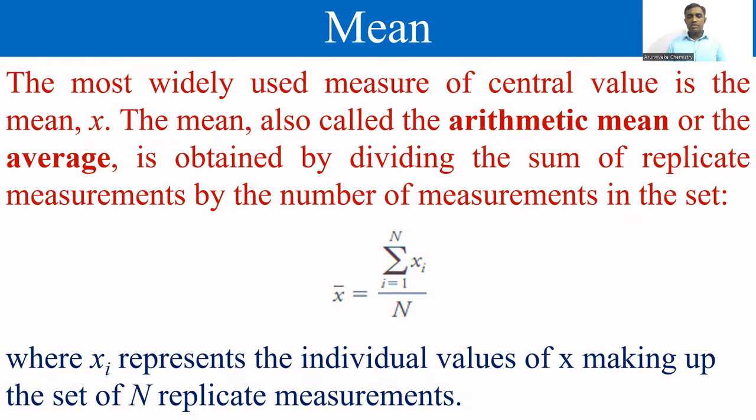X bar is equal to summation i equals 1 to n of xi, whole divided by n. This is a simple formula. Though the formula may look complicated, it simply represents the sum of all the values that you recorded, whole divided by how many times the experiment is repeated. So xi represents the individual values of x, making up the set of n replicate measurements.